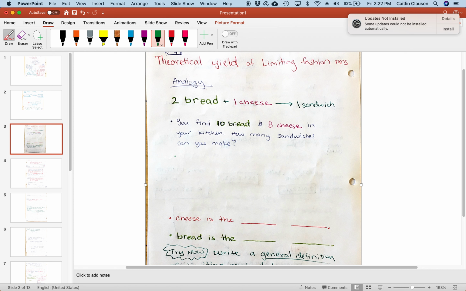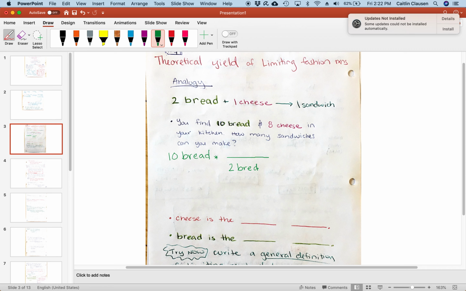So first, let me go through the logic for bread. If I have 10 pieces of bread in my cupboard, or on the counter, or wherever you keep your bread, I know that for every sandwich I make, I need 2 pieces of bread.